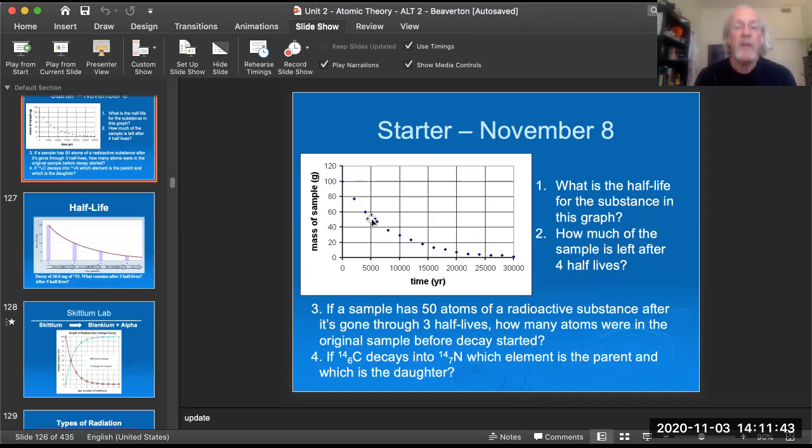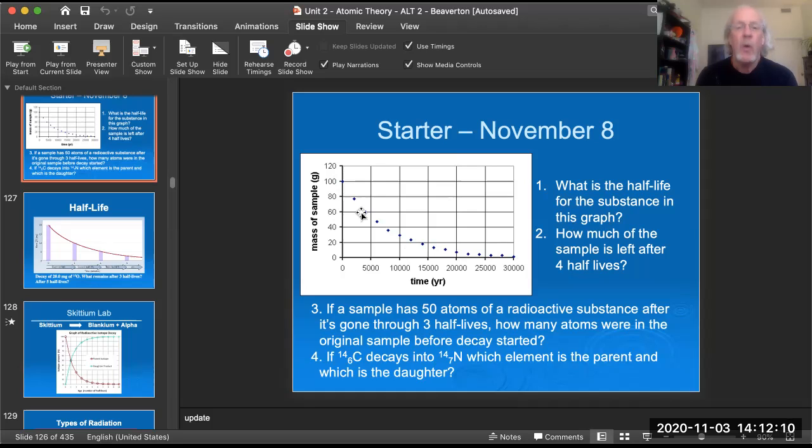So in another 5,000 years, we don't lose 50 grams, we lose half of 50. We always lose half of what we currently have. So half of 50 would put us to 25. And then after 3 half-lives, we're at 15,000 years and we're at 12.5. And then 6.25 and so on. So we never ever get to 0. How much of the sample is left after 4 half-lives?